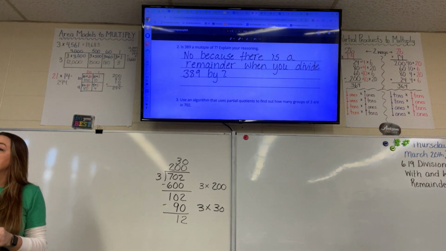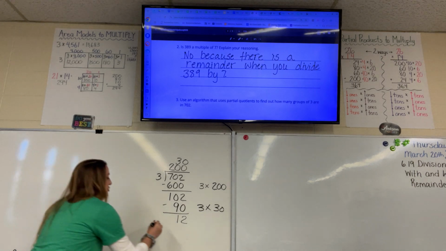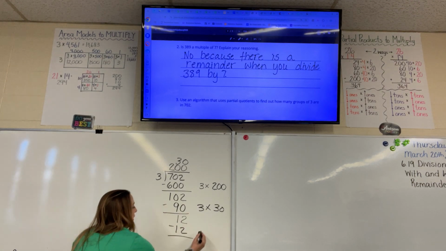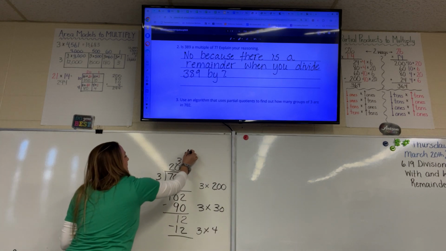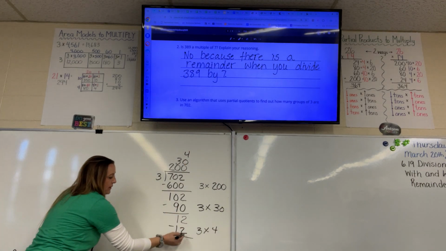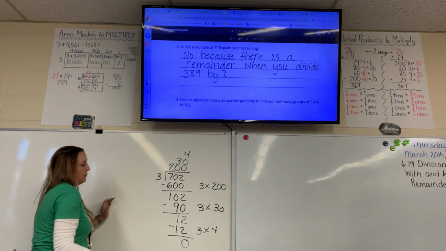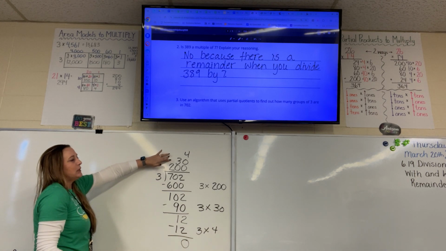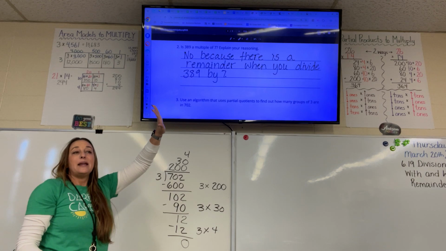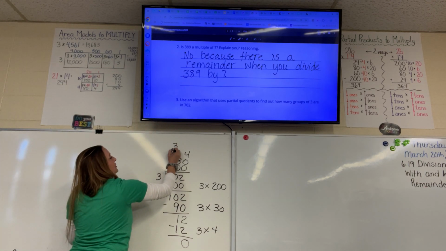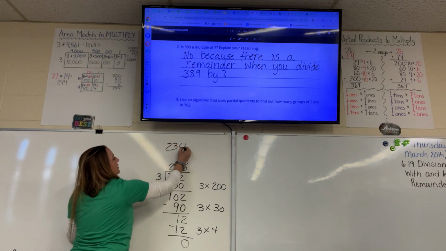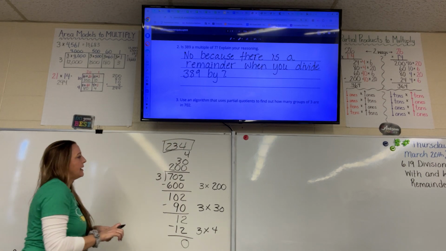Is 12 a multiple of 3? Yes. So we're going to just subtract 12. What do you multiply 3 times to get 12? 4. And that 4 is going to come up here. And then 12 minus 12 is 0. 200 plus 30 plus 4 equals? 234. All right. 234. And then we got a box around it.